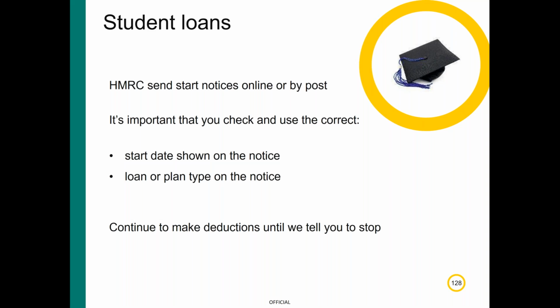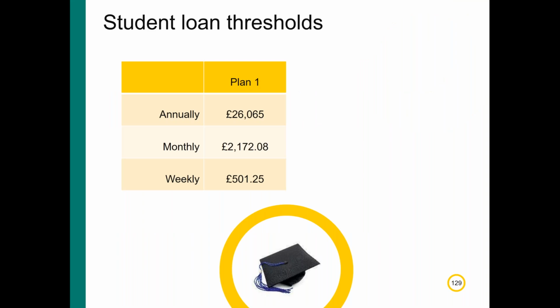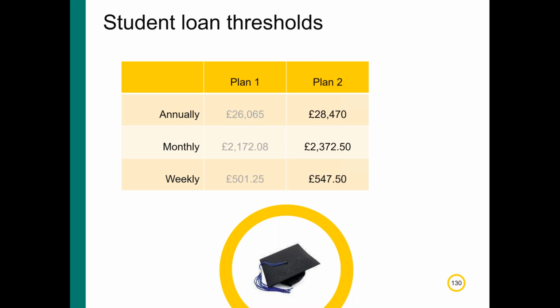From the 6th of April 2025, repayment thresholds for student loans are as follows. Plan 1 loans rise to £26,065. That's £2,172.08 per month, or £501.25 per week. Plan 2 loans remain at £28,470.